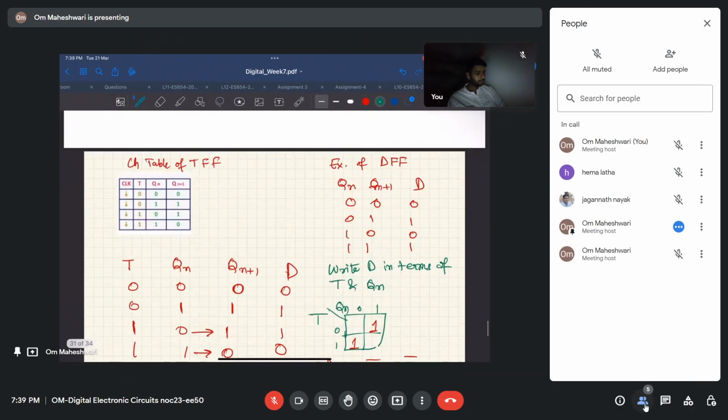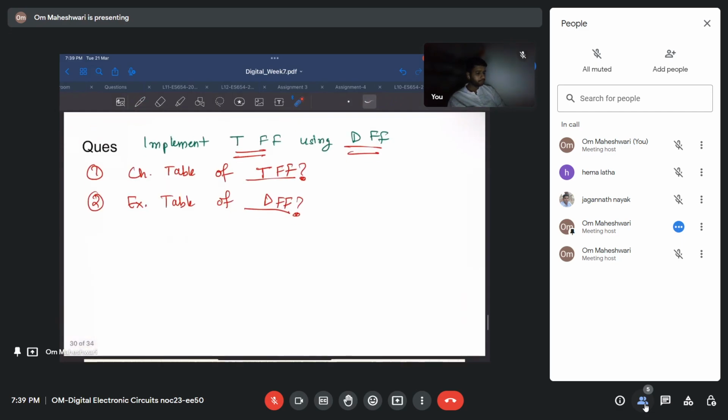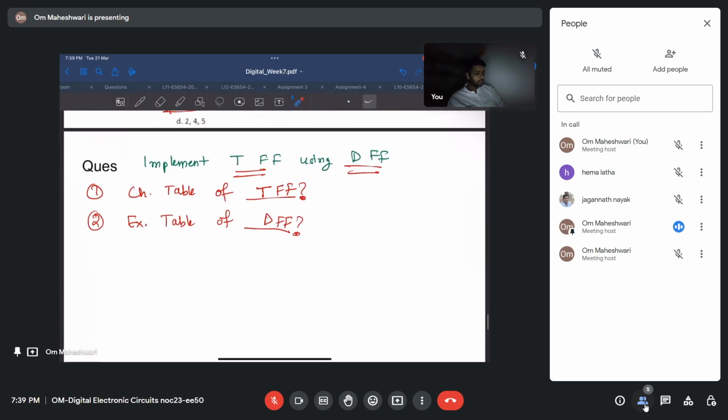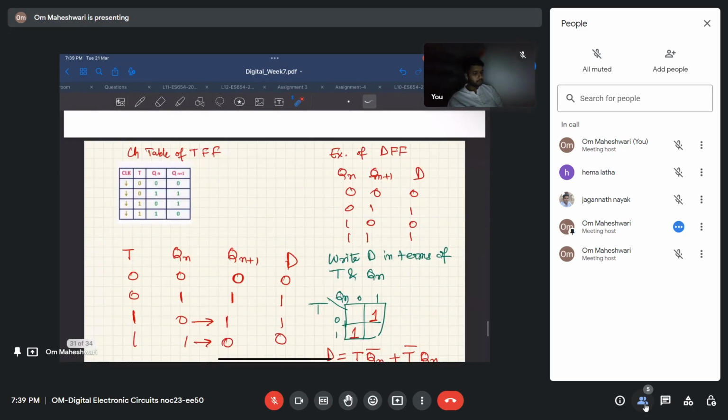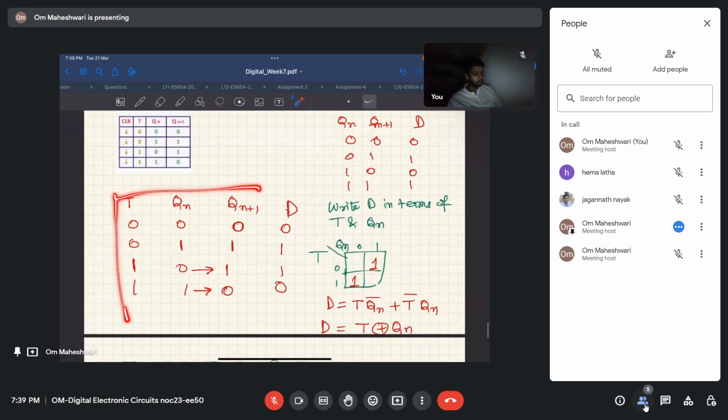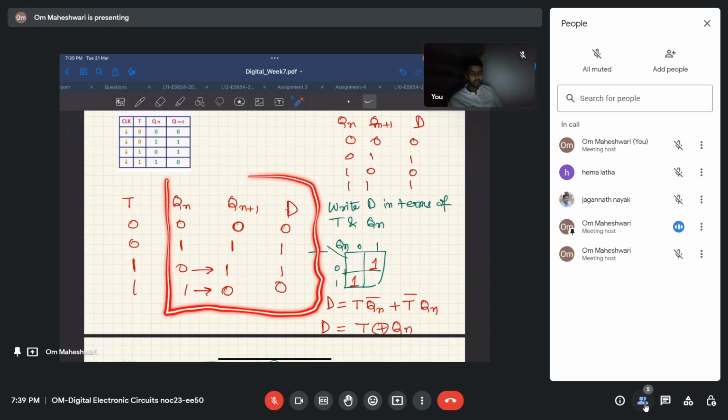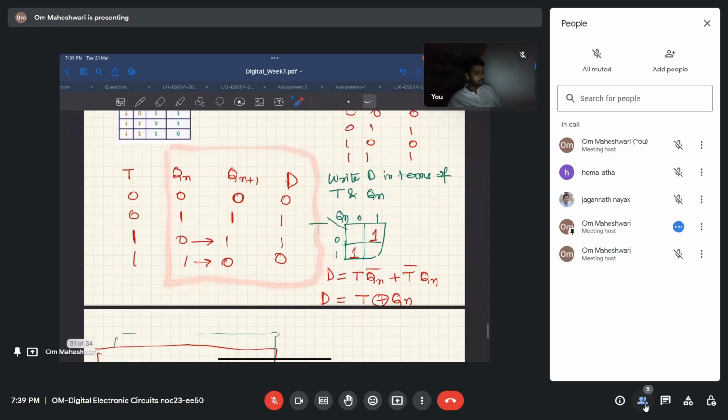So what we did, again I'll reiterate completely. We wanted to make T using D. Write the characteristic table of what we want and the excitation table of what we have. This is the characteristic table of T, that is what we want. This is the excitation table of D, that is what we have.